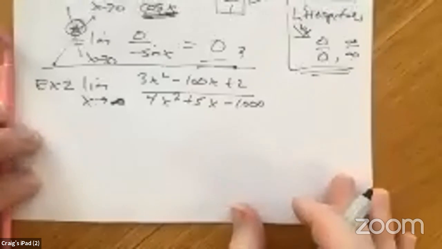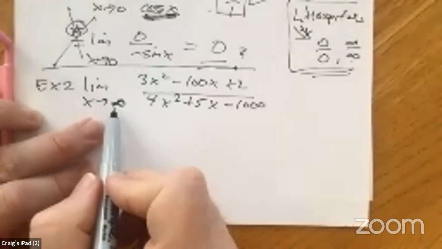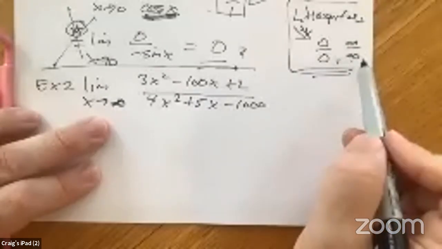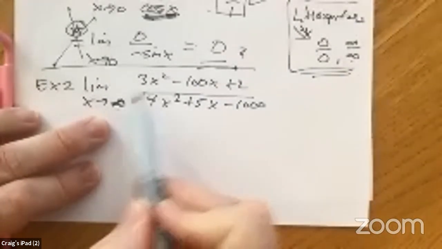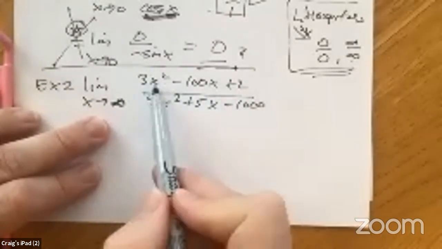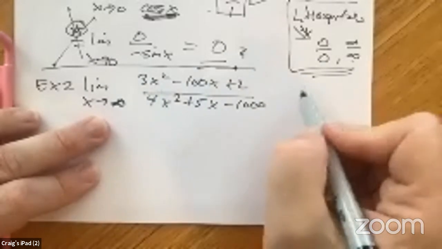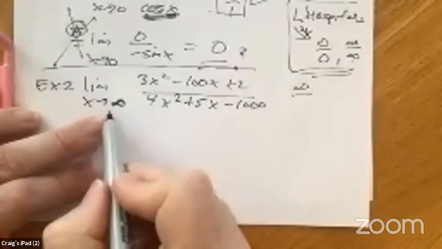Okay, so now as x goes to infinity, we need to just check that we have the form, well, generally it's going to be infinity over infinity. So as x goes to infinity, I have x squared is going to beat out x, or 2, and so the x squared is going to win, and you're going to go to positive infinity in this case. So it's infinity divided by, as x goes to infinity.